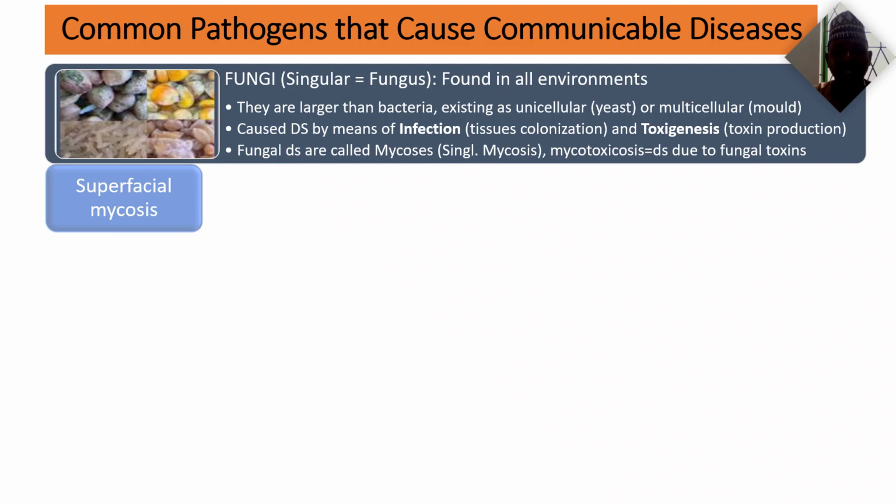Now, just like bacteria, fungi also cause diseases in two ways, either by means of infection, in which the fungi colonize the body tissues, destroy some body tissues leading to the disease, or by toxigenesis, toxin production, in which the toxin results in the disease causation.